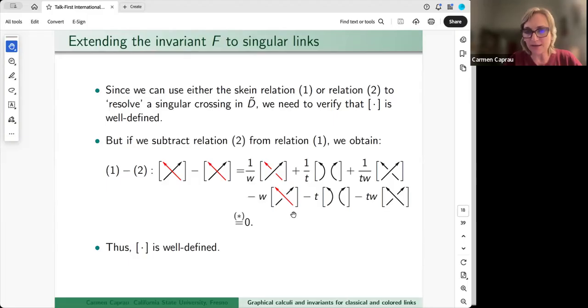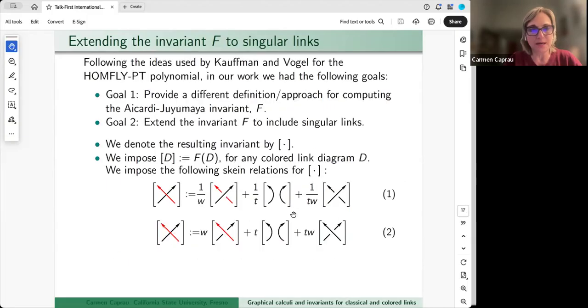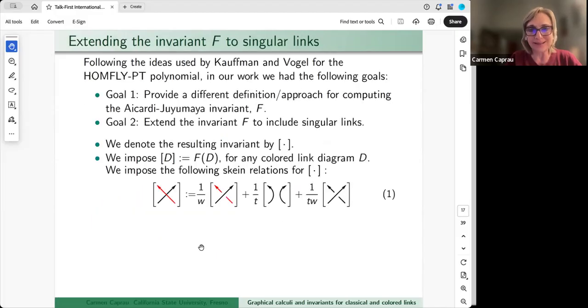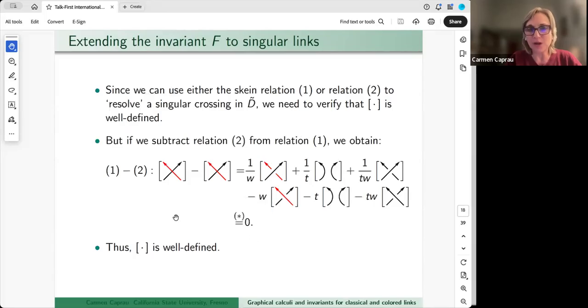And then if we go back, the slide we have here is exactly this relation that I mentioned to you, that the polynomial f, actually the invariant f, satisfies this skein relation. So that tells us that what we are doing here is well defined, because it doesn't matter if I use relation 1 or relation 2, because when you subtract them, the evaluation is 0. So our quantity is well defined.